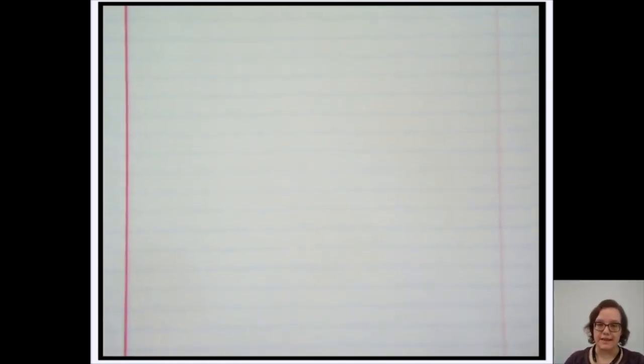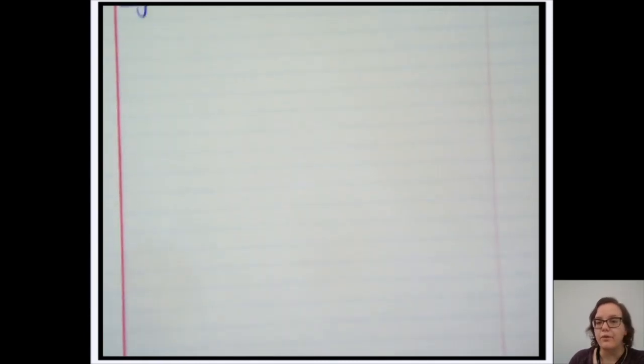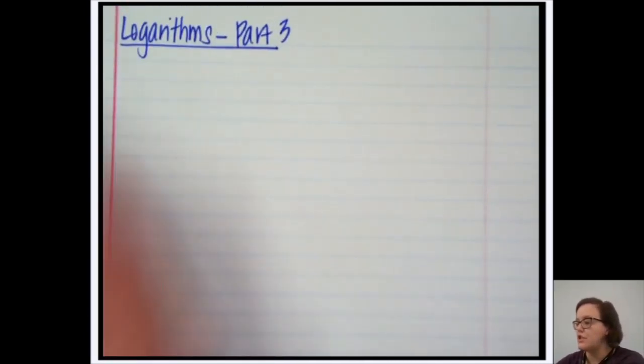So one last thing I wanted us to work on today is what to do when these powers don't work, or when it's not a nice power. So we are going to look at what's called the change of base formula.